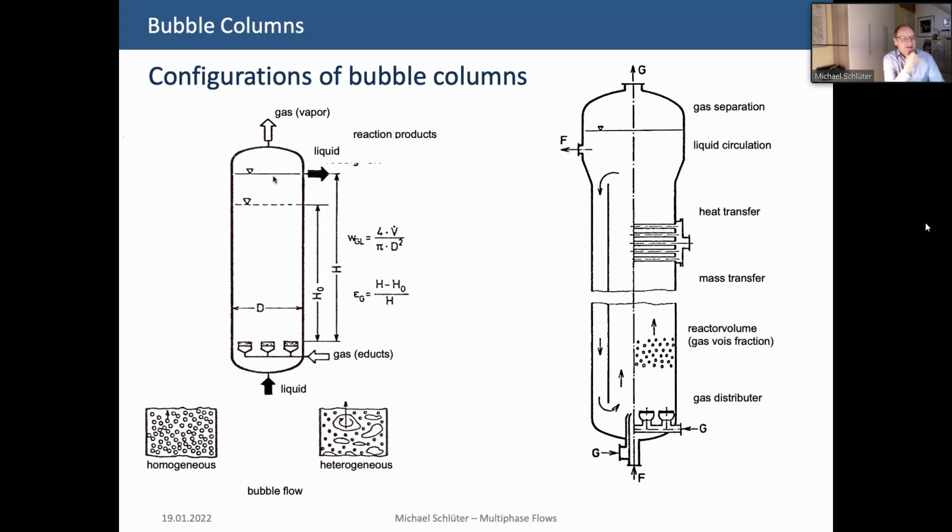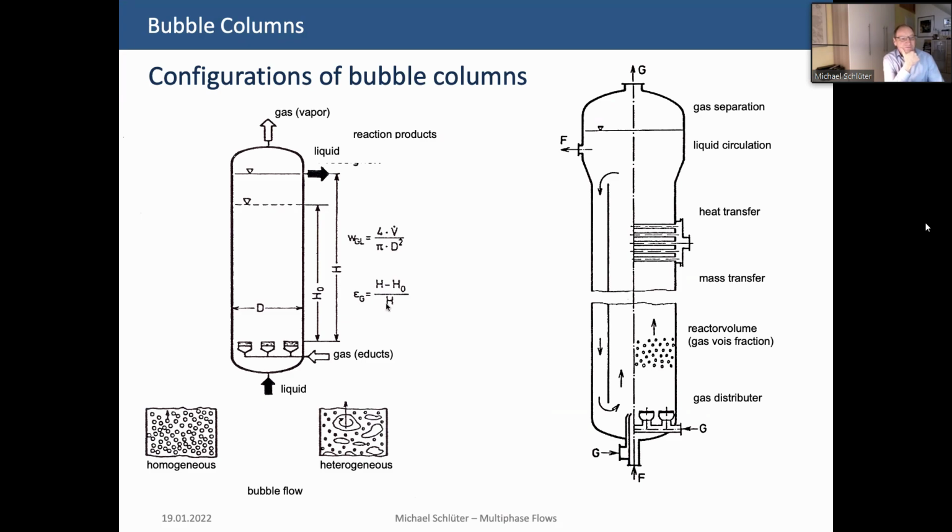If we use a gassing out method, the gas runs out of the system and the level decreases. If we have a cylindrical system, we can calculate the gas hold-up just by the difference of the upper level and the lower level, so with gas and without gas, divided by the height of the gassed system H.